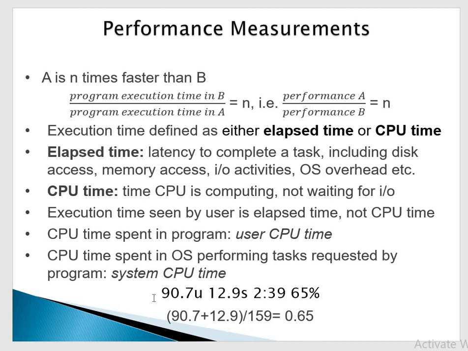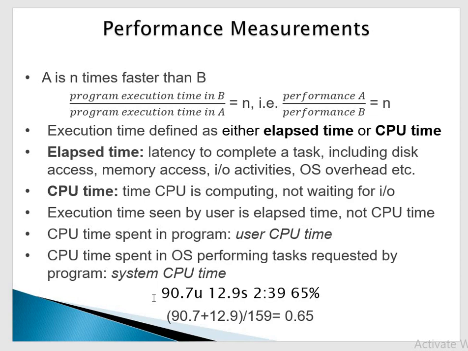It will be 103.6 seconds. And for me, the user, how much time has this system taken? This system has taken 2 minutes and 39 seconds. So now if I evaluate, the CPU has used only 65% of the total elapsed time.